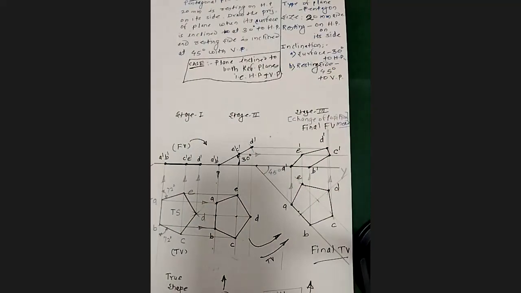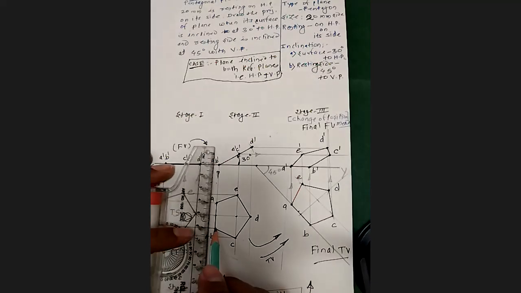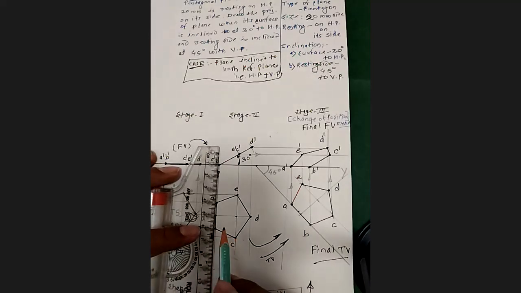Instead of copying this, we'll follow a simple technique possible with this auxiliary method. As per this problem statement, this resting side is inclined. So we are going to extend that resting side further.